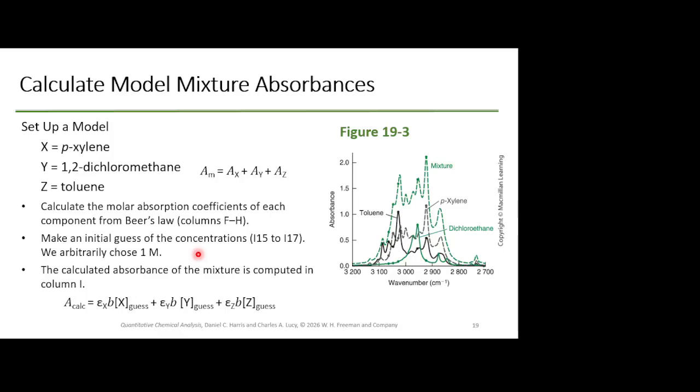Now, the calculated absorbance of your mixture will be computed in your column I. It's going to be the epsilon times the B path length, which should be consistent for each of those, and then your guess value for concentrations. It will calculate that, and then it's going to adjust each variable to fit.